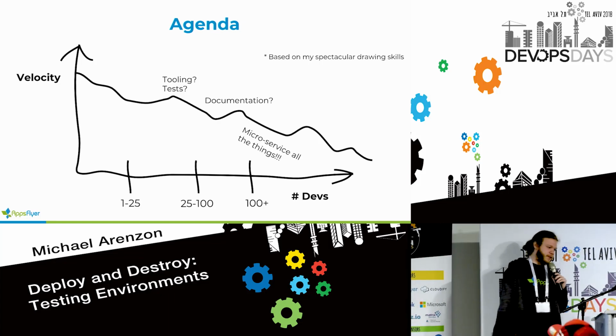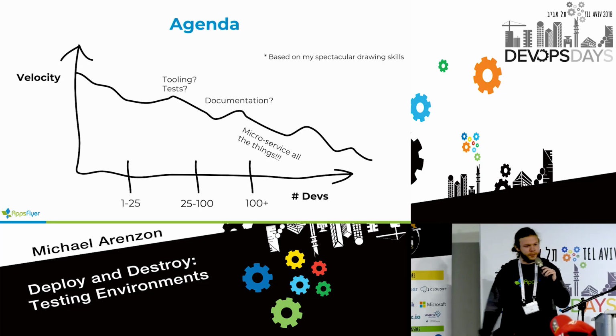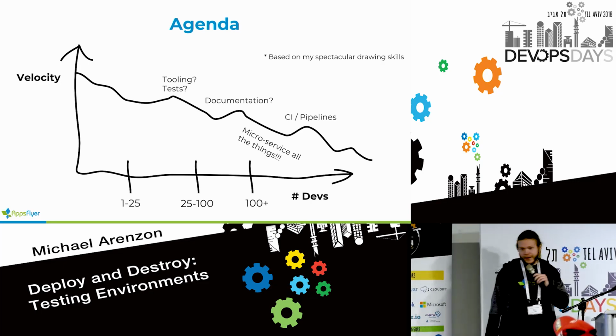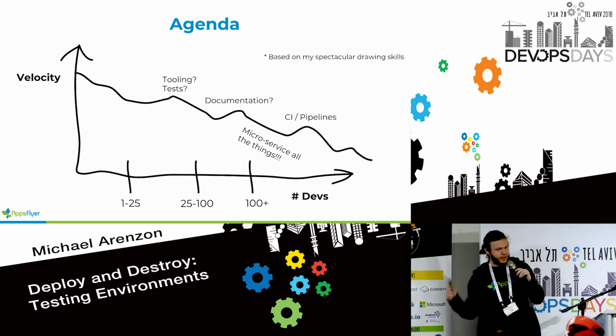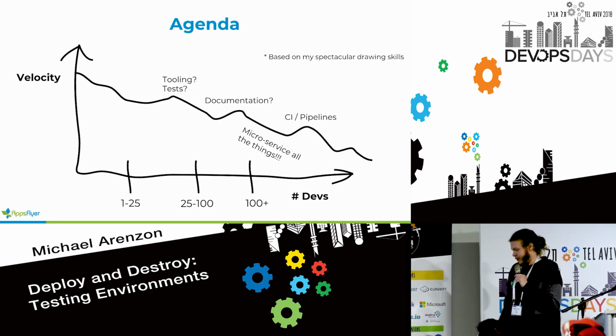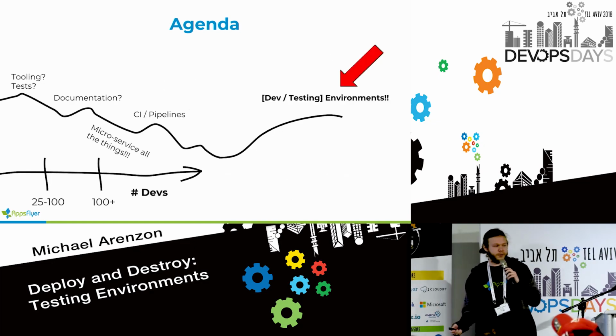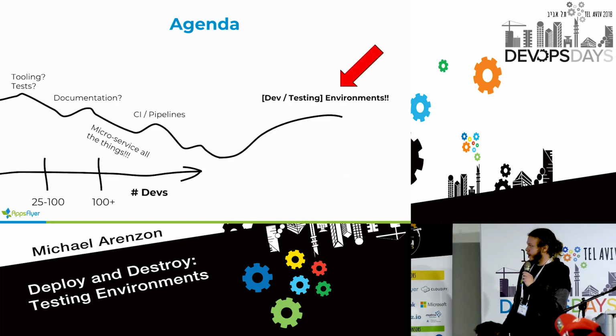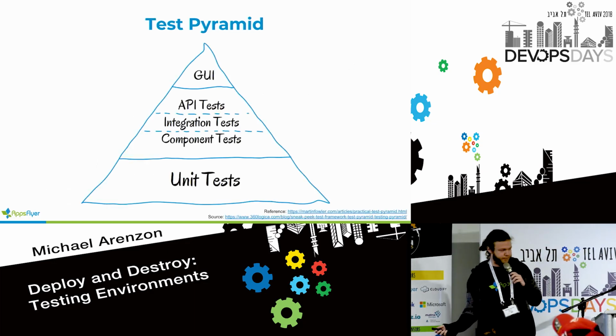And then someone says, let's do microservices all the way down, and the velocity goes even slower. And someone says, sure, let's add CI and pipelines, which is all nice. And I'll try to show how we can increase it a bit more with dynamic dev and testing environments.